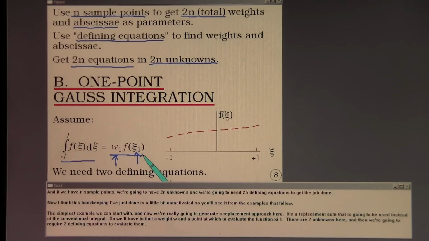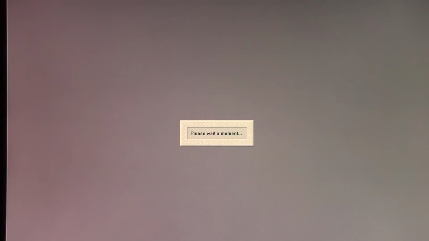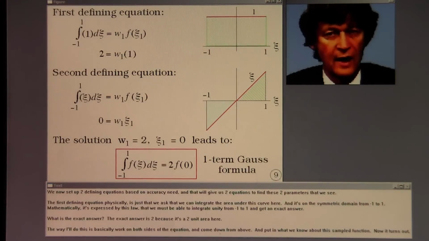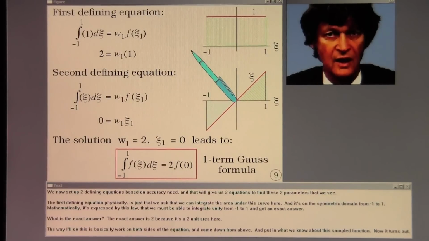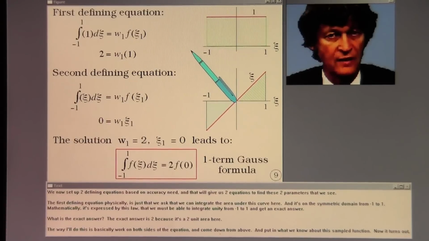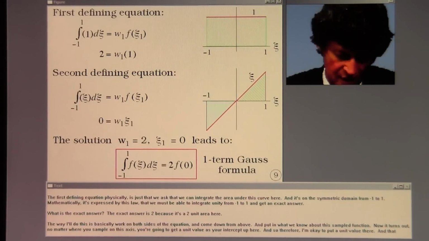There are two unknowns here, and then we're going to require two defining equations to evaluate them. We now set up two defining equations based on accuracy need, and that will give us two equations to find these two parameters that we seek.